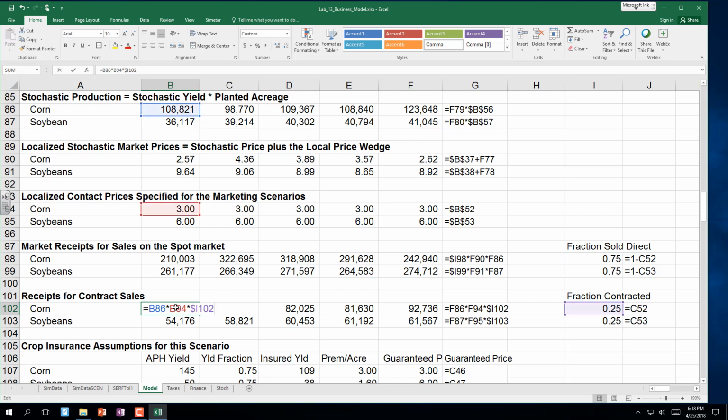And then the contracted amount is going to be that 25% times production times the guaranteed price. Think of that contract price as the guaranteed price. Nothing stochastic about it. So I can hit F9 all day long, and the only thing that's going to change in that contract sales is based on my production. The production is what's changing that.